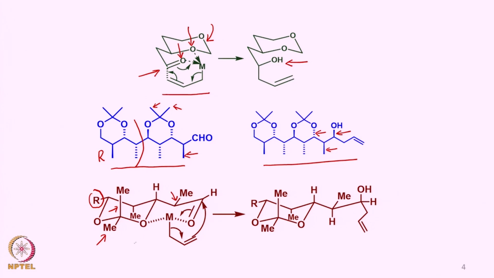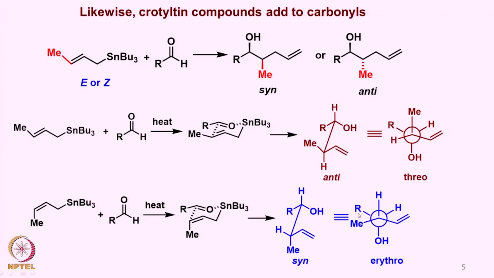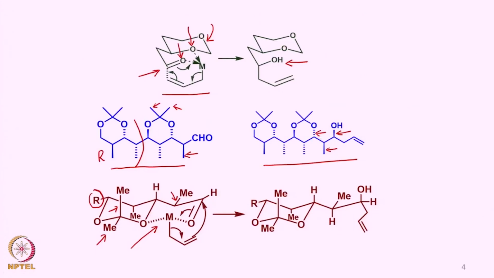When such a chelation occurs as it is shown here, then the allyl group gets transferred from the lower side, and therefore the oxygen goes into the mode of beta hydroxy.